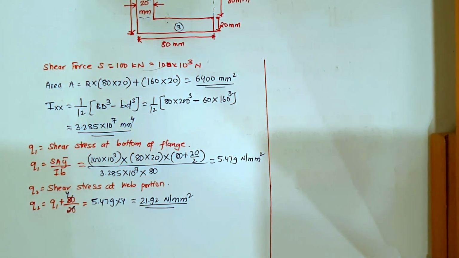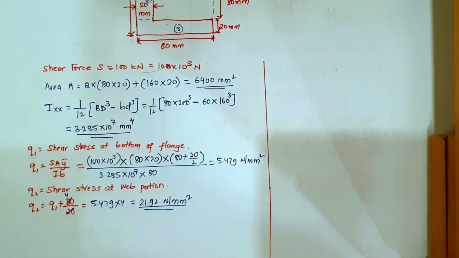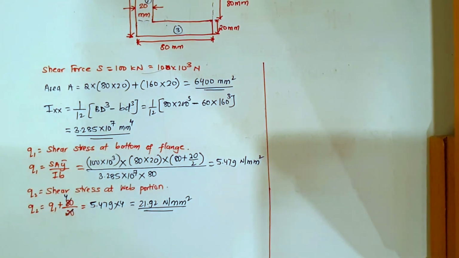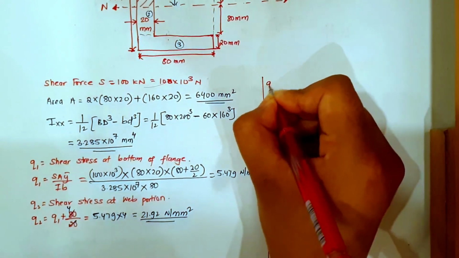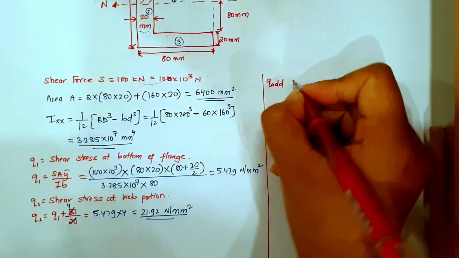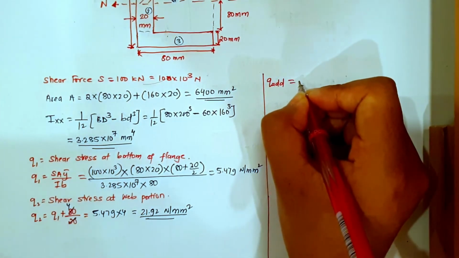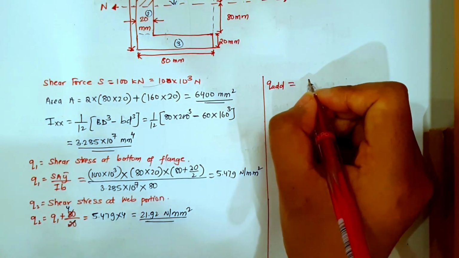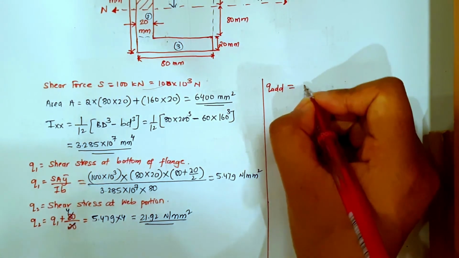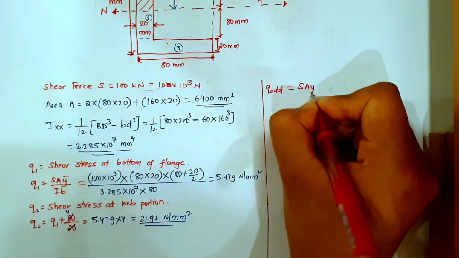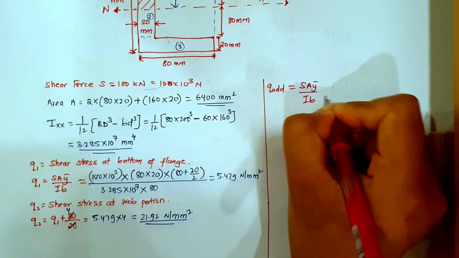Now let us find additional shear stress. Additional shear stress due to web area above neutral axis. So this will be coming equal to S A y bar by I B.